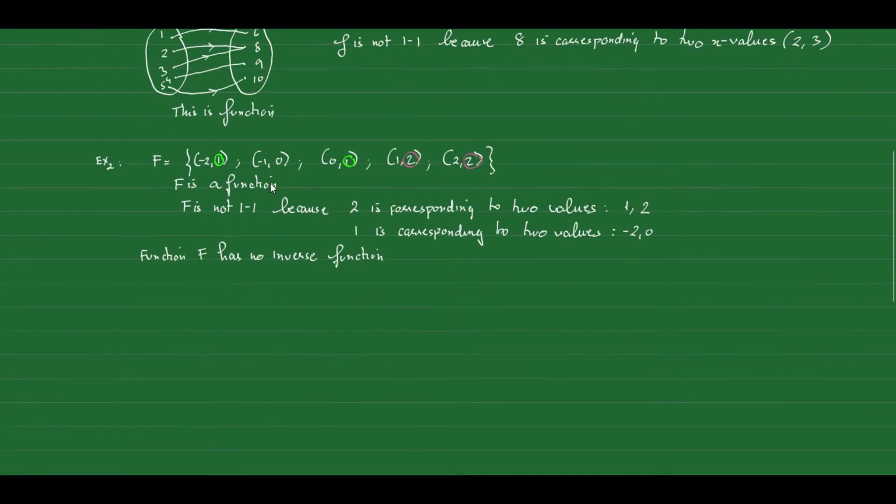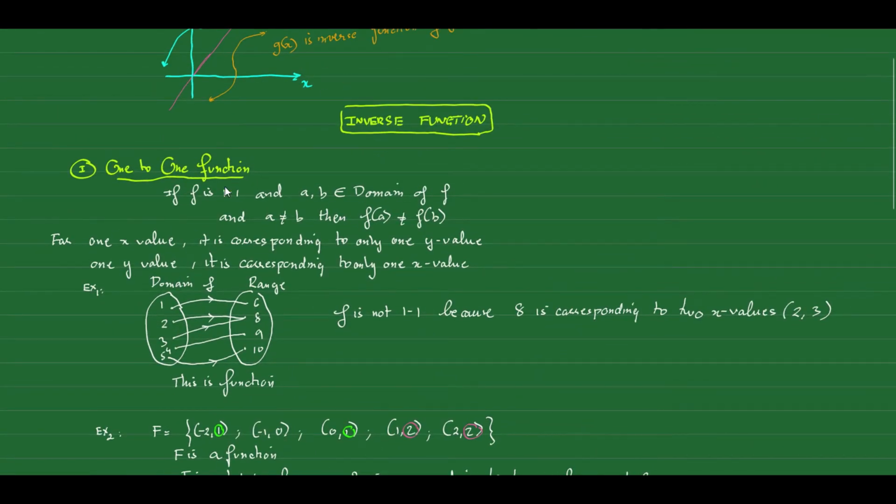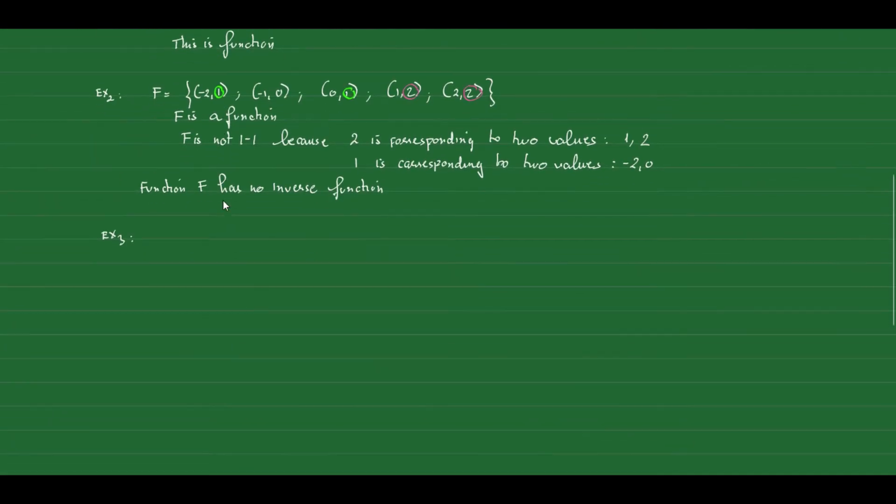Now on the third example, I can use the definition of a one-to-one function to check if an algebraic function is one-to-one or not. Determine if the following function is 1 to 1. Let me give you this: f of x equals negative 4x plus 12.